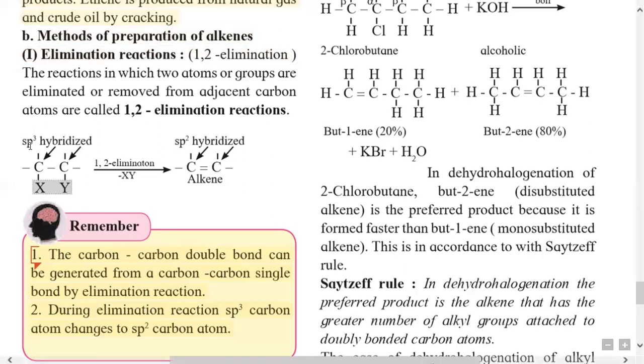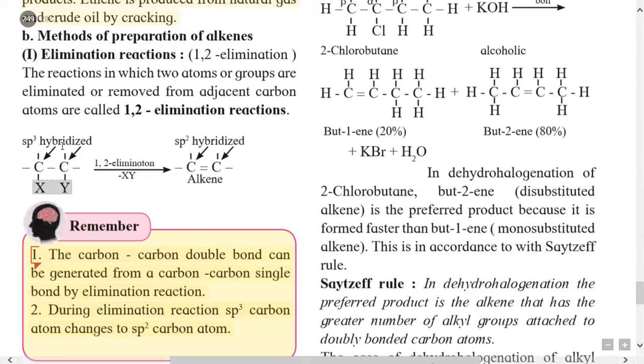So this is the general elimination reaction. Consider this example. Here a carbon-carbon single bond is bonded with X and Y groups on adjacent carbons. These carbon atoms are singly bonded, therefore they are sp3 hybridized.